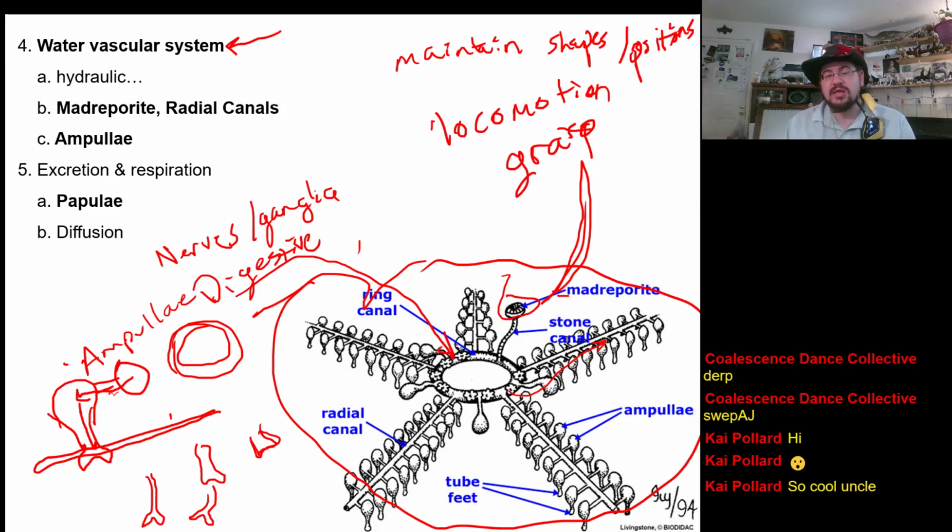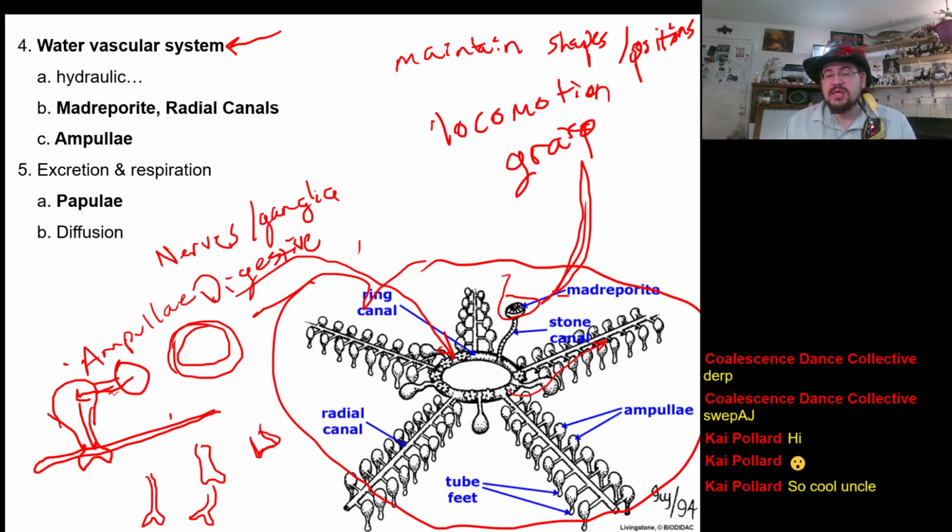So water enters the starfish through the madreporite, and then it goes into the ring canal, the circular canal there, and then from there it enters into the arms, if present, and the ampullae. So pretty neat stuff. After that, we have excretion and respiration.